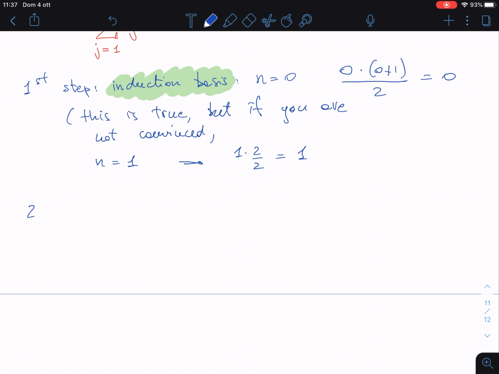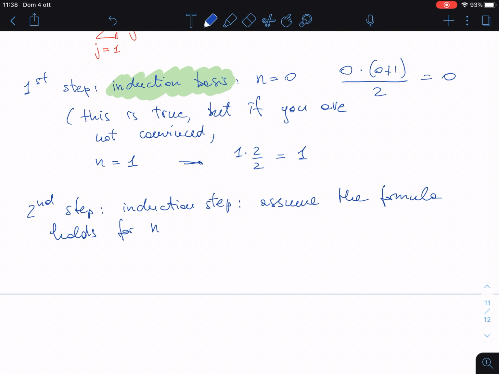The second step is the so-called induction step. You assume that the formula holds for n, and given this assumption, you prove that it holds for n plus 1.